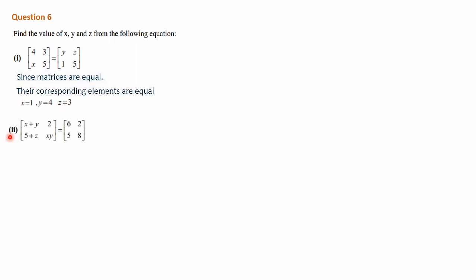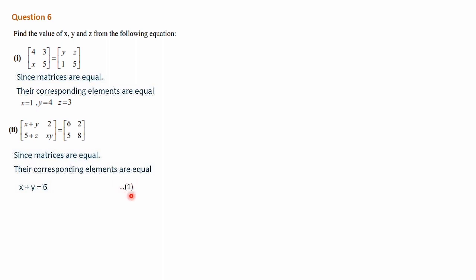Then the next question: matrix x plus y, 2, 5 plus z, x y is equal to matrix 6, 2, 5, 8. So here also the two matrices are equal, which means their corresponding elements must be equal. Then here x plus y is the first element, and x plus y is equal to 6. So label it as equation number 1.